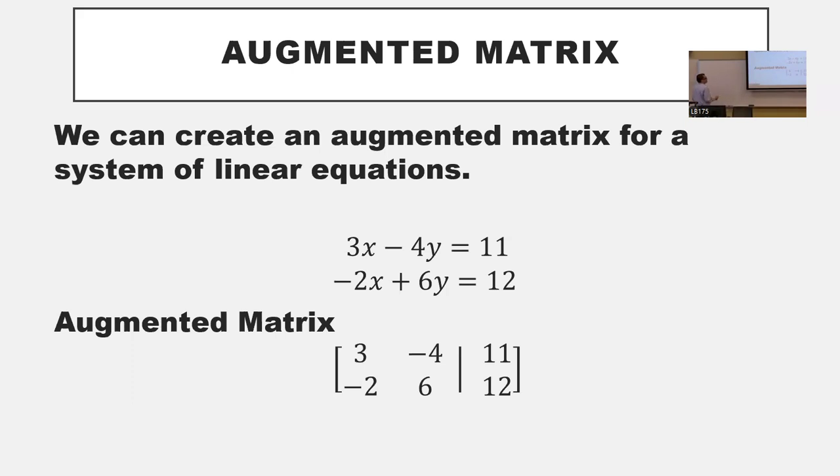So we take our system of linear equations and line up the x's, line up the y's, line up the equal signs, and line up the constants, like I do when I'm using the elimination method.